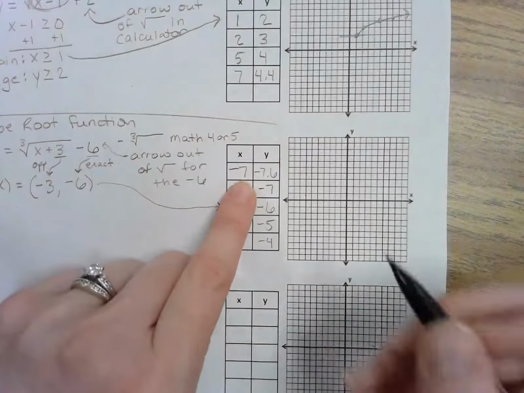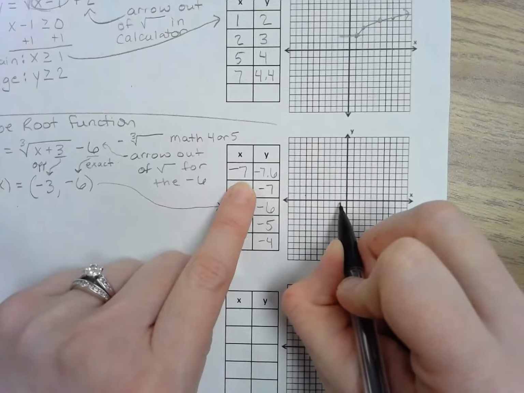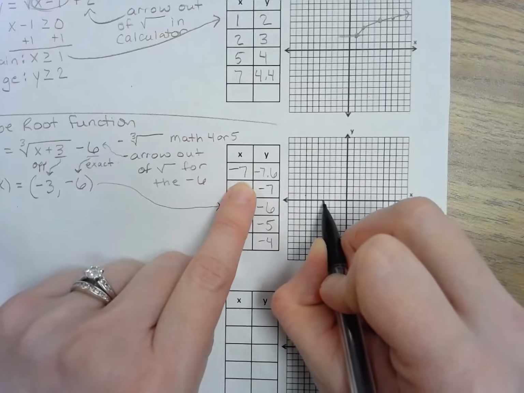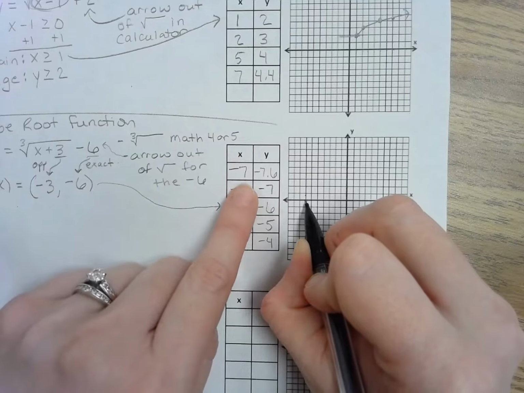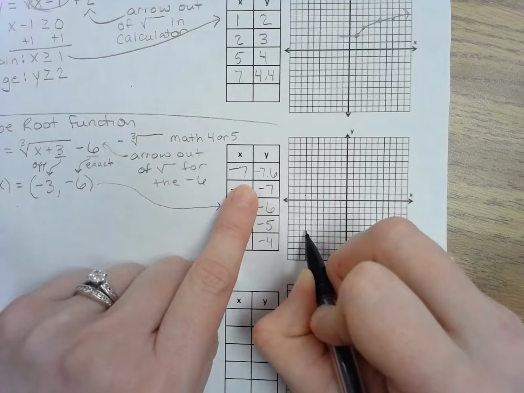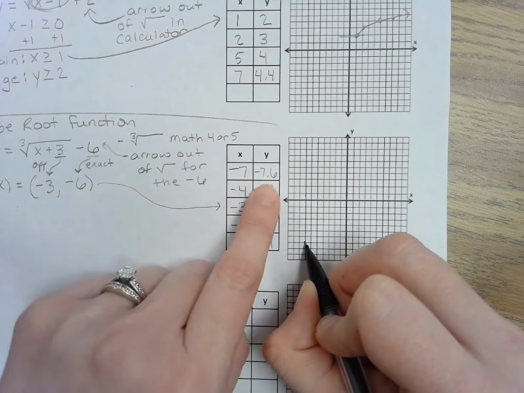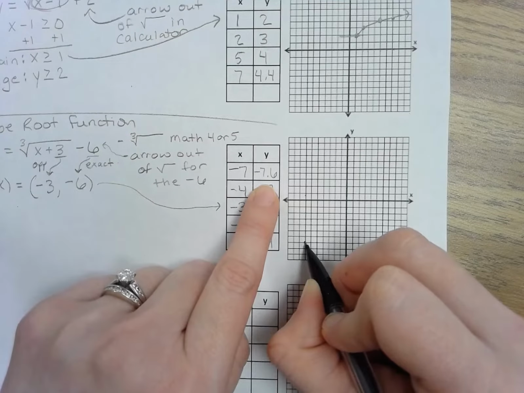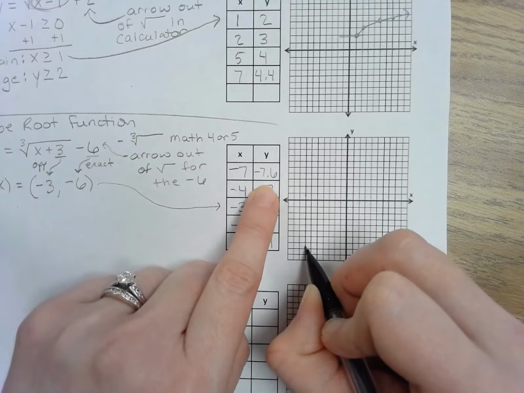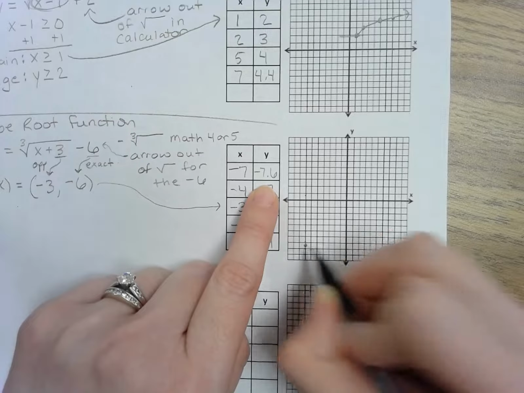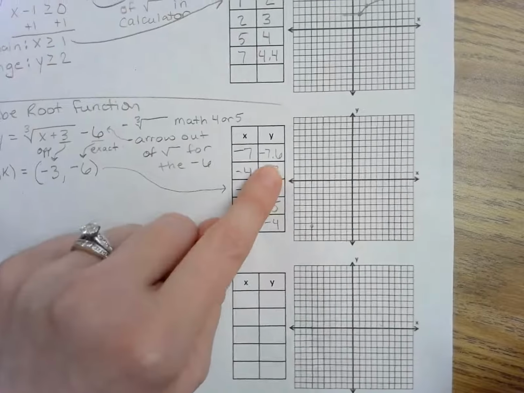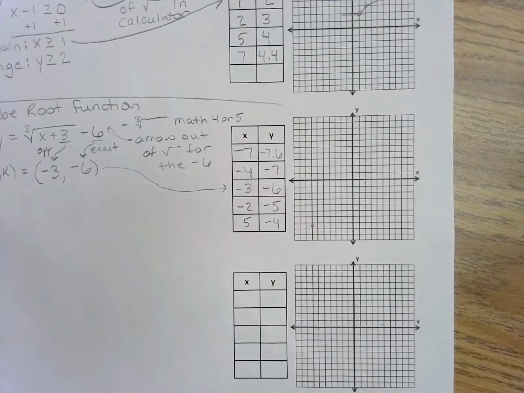Here we have -7, -7.6. So I'm at -7, -7. If we want to go -7.6, we've got to go a little bit further, about halfway between the -7 and -8, because 0.6 is just barely over a half.